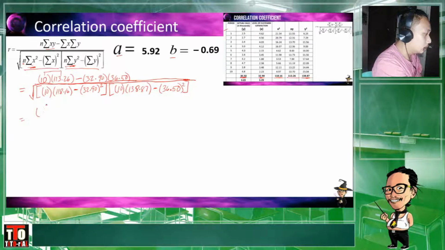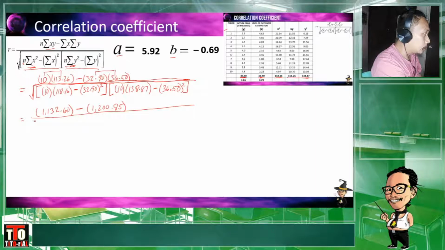That would give us a value of 1,132.60, less the product of the two values, 32.90 times 36.50. We will have a value of 1,285. Okay? Now, of course, I'll put a line like this.